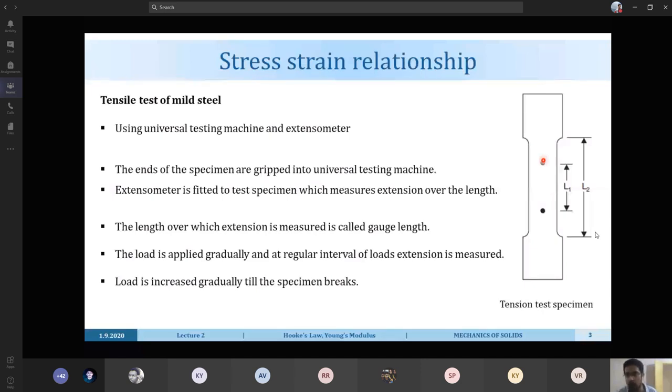We will see how the distance between these 2 points increases when we apply the loads, and we continue applying the load until finally the specimen breaks. So this is our experiment, and we have a universal testing machine in our lab.